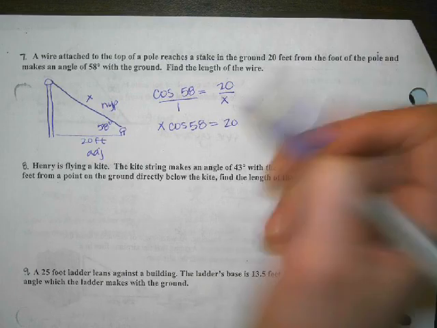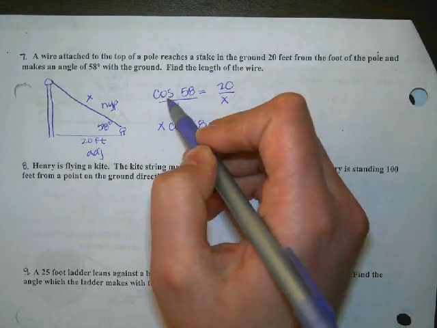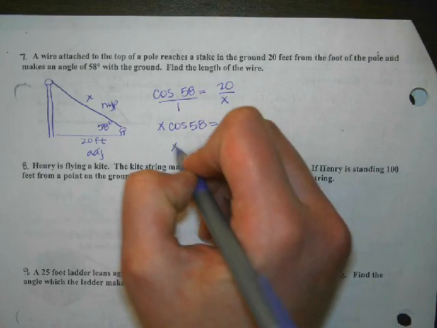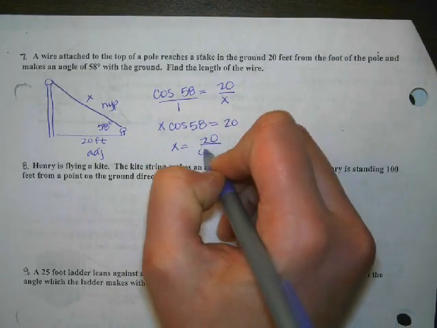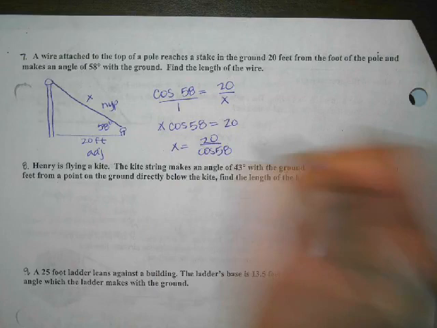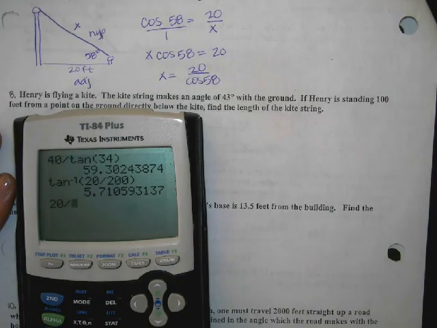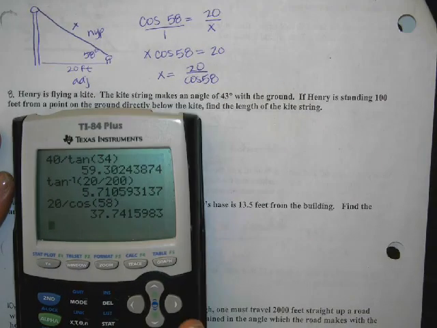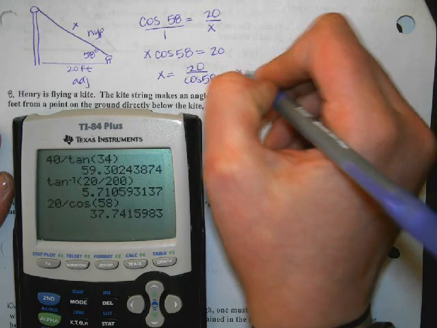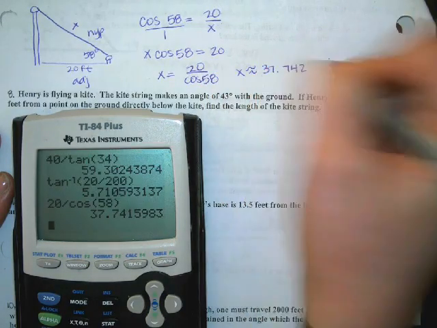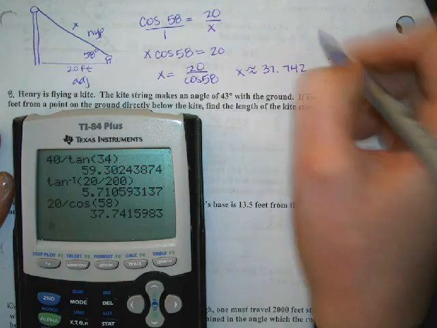So that's what Katie was talking about when she said you can multiply the x to the other side. And then to get the x, we can divide by the cos 58. So we're going to say x is 20 over cos 58. And then it's ready to type into our calculators. So x is 37.742, and that is feet.